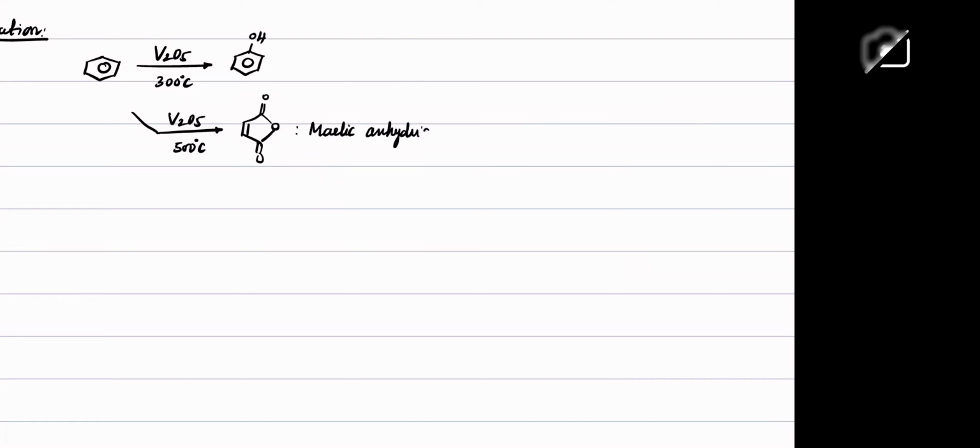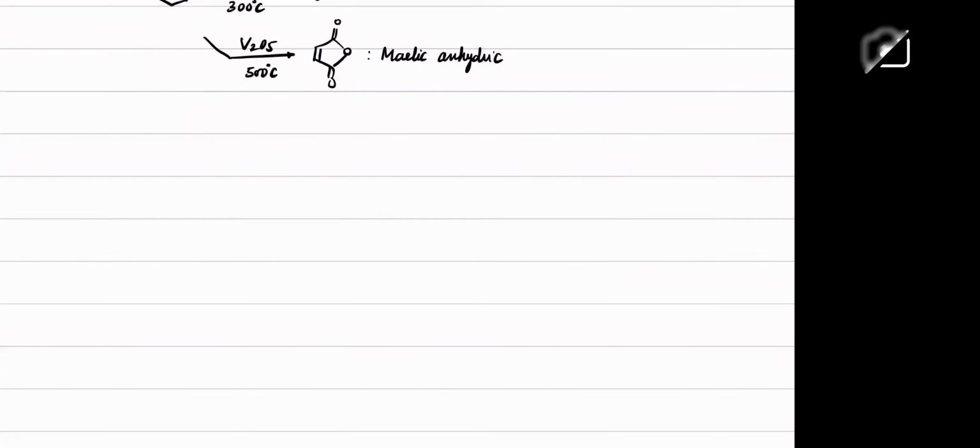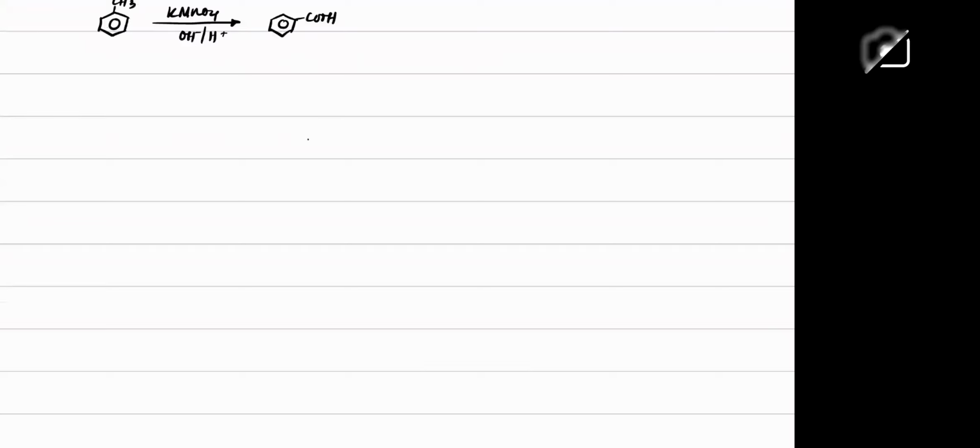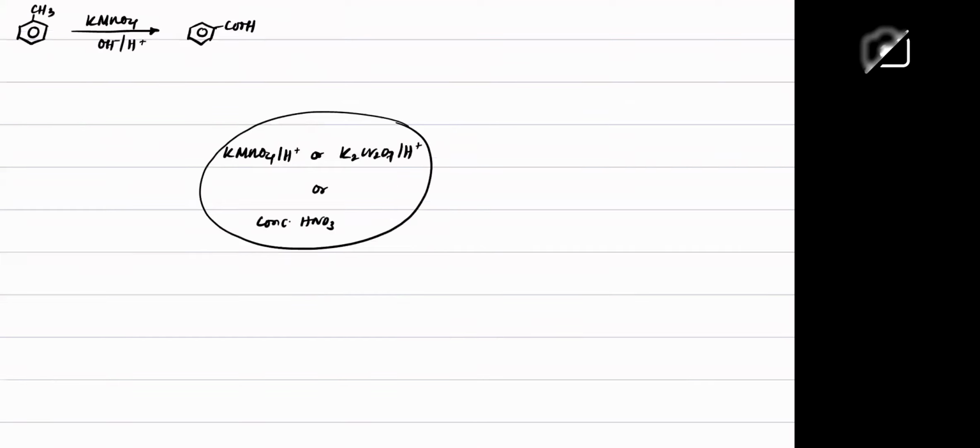And next, in case you have toluene like this and react this with KMnO4, whether you take acidic medium or basic medium, usually you will end up getting this as an acid, COOH. In fact, KMnO4 in H plus, K2Cr2O7 in H plus, or concentrated HNO3, these three are good reagents for oxidation reactions.